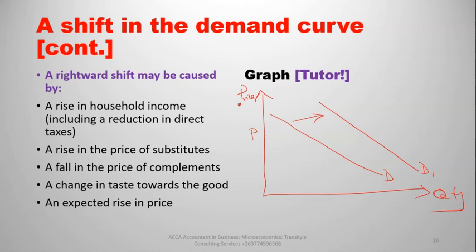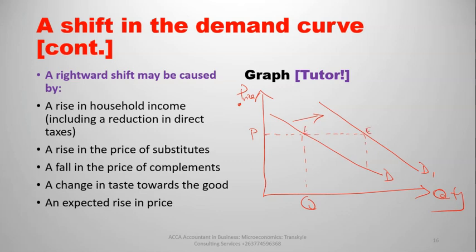All right. So the original price of this product was at P, and the quantities demanded were this. That's the original quantity that was being demanded. However, when certain factors came into play, the equilibrium price became this one.